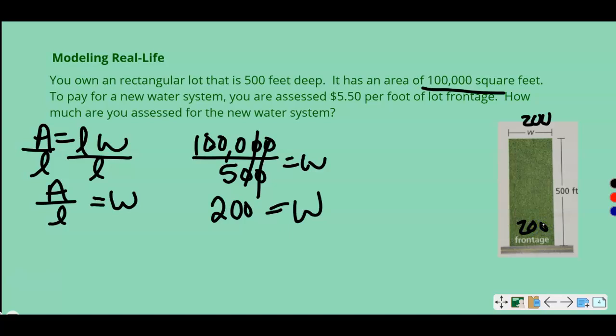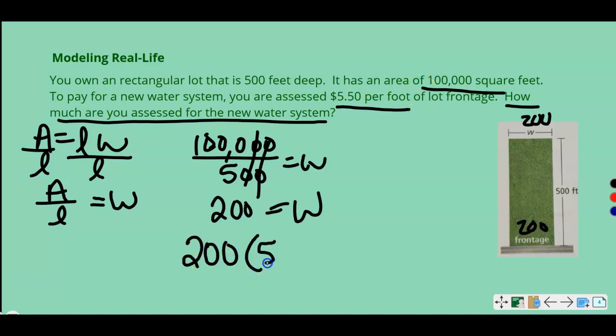So the question says, how much are you assessed for the new water system? To pay for a new water system, you are assessed at $5.50 per foot. So if you've got 200 feet of frontage, you've got to do 200 times $5.50.